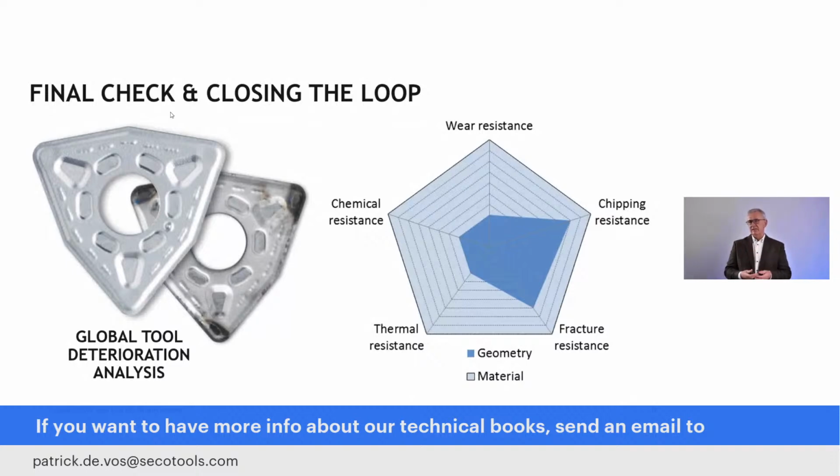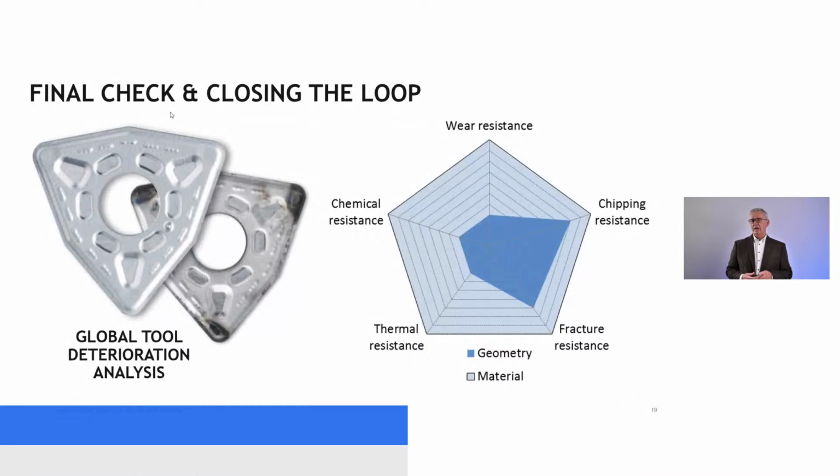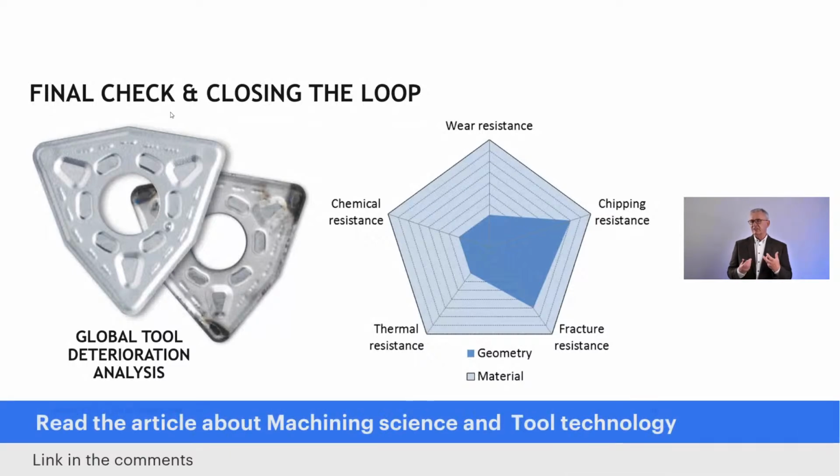Depending on what you see in this final check, a machining expert will see a lack of something. If you see something, that is an indication that the tool lacks wear resistance, for instance. And the moment you recognize that, then an expert knows what to do. He says, okay, if I lack wear resistance, I need more. And how do I achieve more wear resistance?